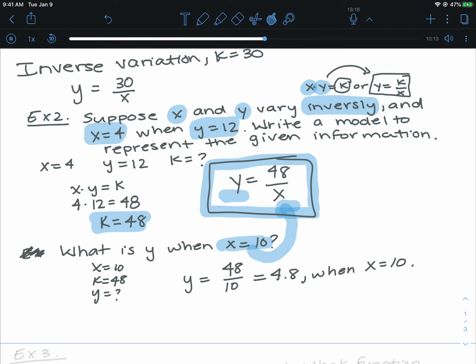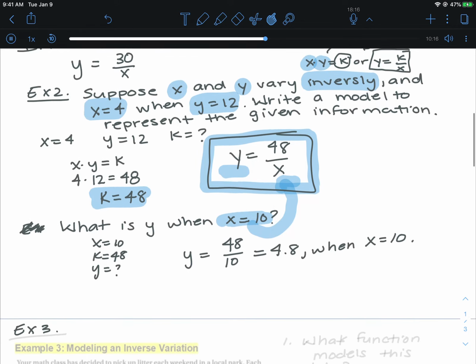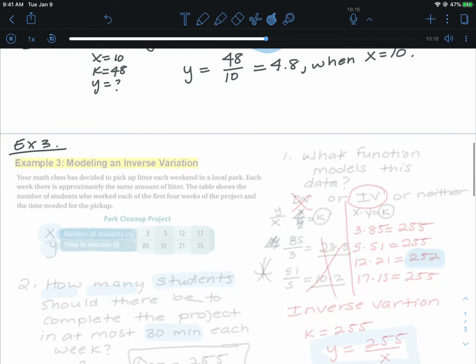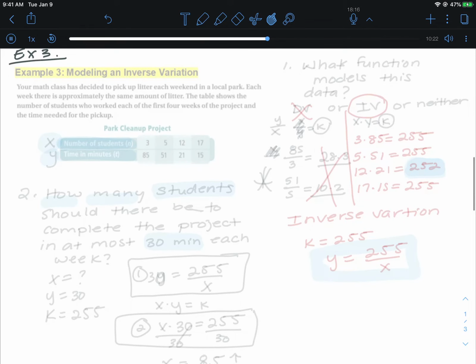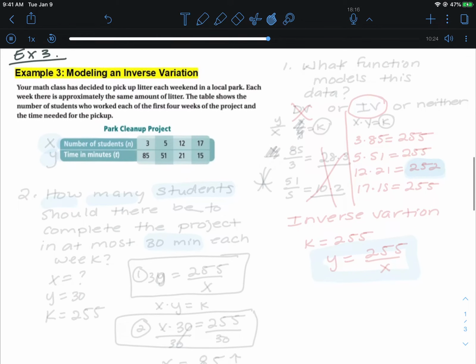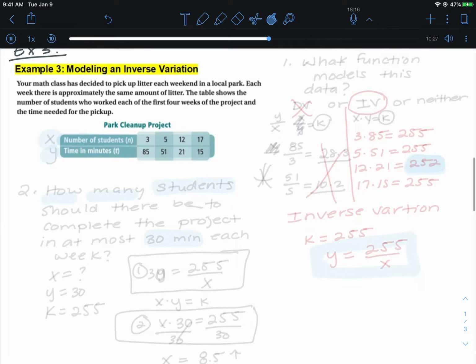Okay, so now let's move on to example number 3. We're going to insert this right here. So it's a word problem. Your math class has decided to pick up litter each weekend at a local park. Each week there is approximately the same amount of litter. The table shows the number of students who worked each of the first 4 weeks of the project and the time needed for the pickup.